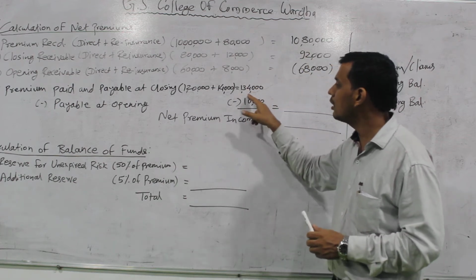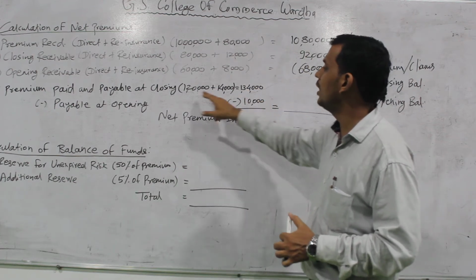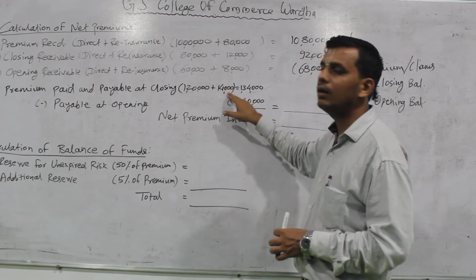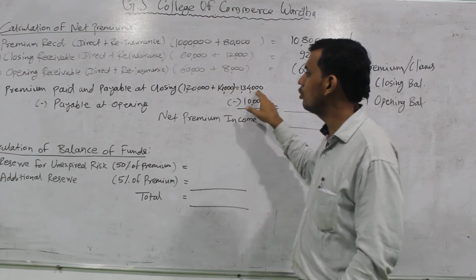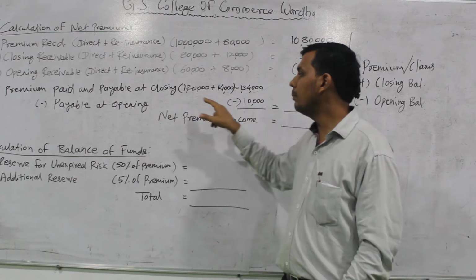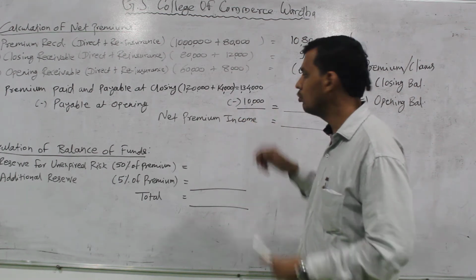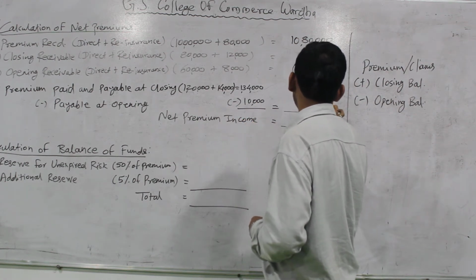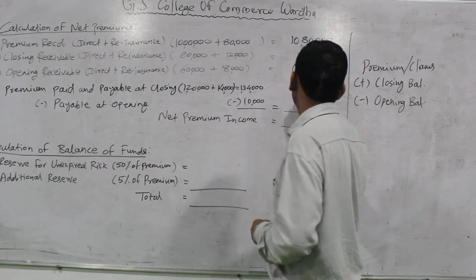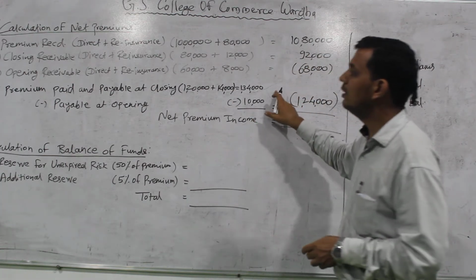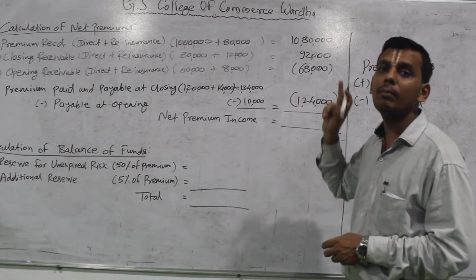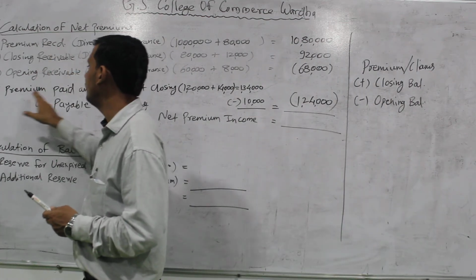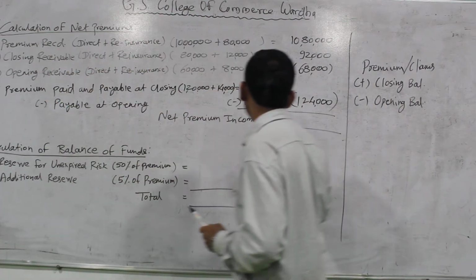Hence in the inner column, we have added premium paid plus premium payable closing, that is 1,34,000, less premium payable at opening, that is 10,000. Hence the total would be 1,24,000, which should be deducted because it is paid by the company. Remember one thing: here we have received the premium, but here we have paid the premium, that is why we have to deduct this.